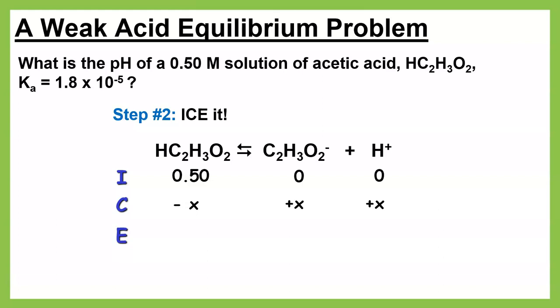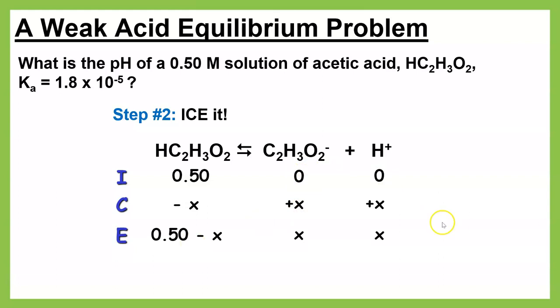So that can be something that's a little tricky. But here you can see, obviously we're going to proceed to the right because we had no products at all, so we have to go that direction. Now our equilibrium row is going to be what we started with, minus x, and then here what we started with, plus x.